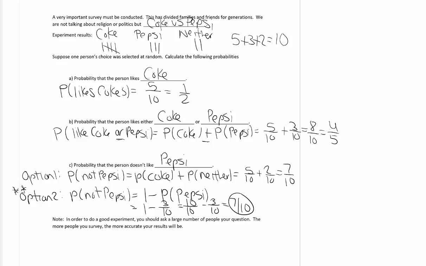That is 7/10. This is what is called taking its complement. We'll talk about the complement more later in this video and in other videos. So note, in order to do a good experiment, you should ask a large number of people your question. The more people you survey, the more accurate your results are going to be.